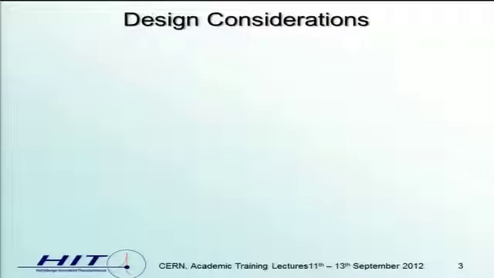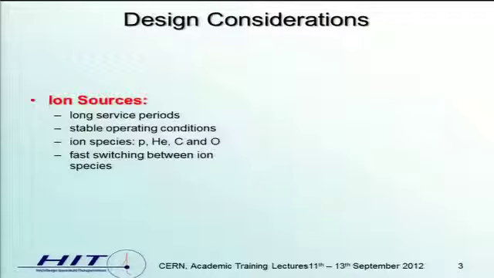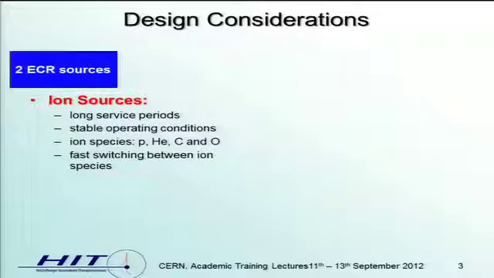What are the design considerations for such a facility? First of all, the ion sources. We need long service periods, stable operation conditions, and different ion species, from proton up to, let's say, carbon and oxygen. We want fast switching between the ion sources, so the solution is to have two ECR ion sources.